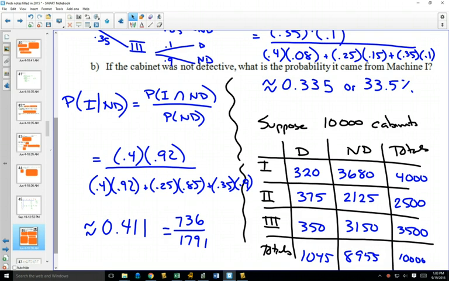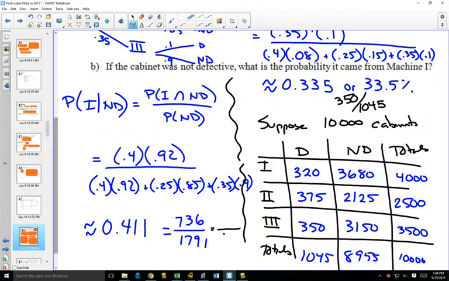You're only considering a new sample space of 1,045. How many from machine 3 were defective? 350. So if you try 350 divided by 1,045, you would find that's exactly 33.5%.